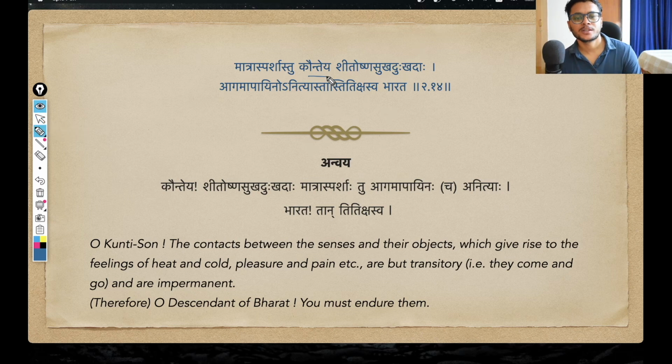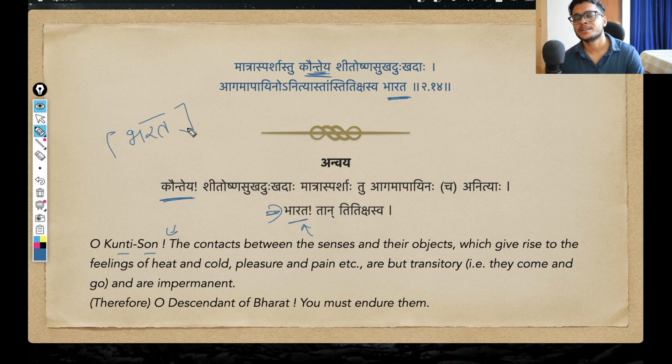In this shloka, as you can see, Krishna is referring to Arjuna with two different names, Kaunteya and Bharata. Kaunteya simply means Kunti's son, coming from the pratipadika Kunti, the descendant of Kunti. And then Bharata, we have seen this sambodhana being used for Dhritarashtra. Why? Because this comes from the pratipadika Bharata, which refers to the king who was like a forefather of this entire Kuru clan.